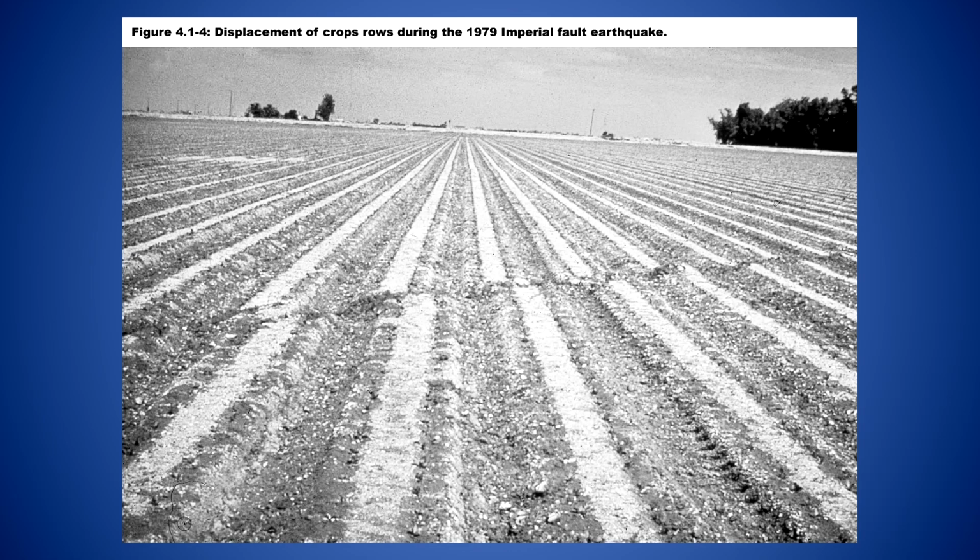But on the surface, what we should look for is some sort of reference point in terms of landforms or drainage systems. This is the example from the 1979 Imperial fault earthquake in the US, which shows the displacement of agricultural boundaries.